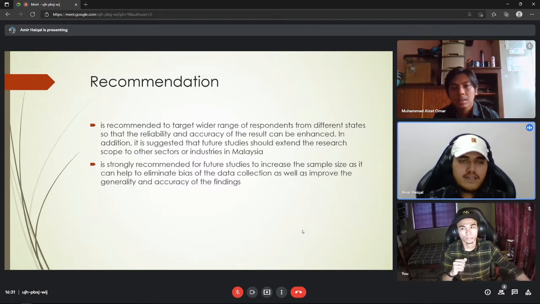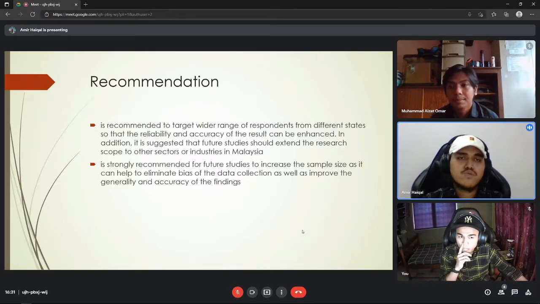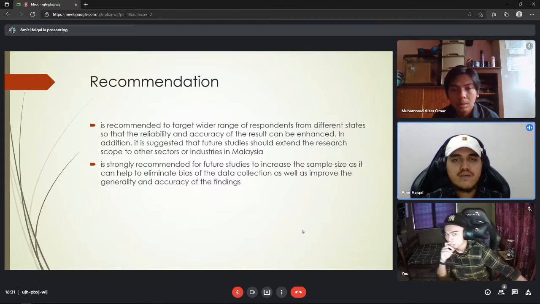The recommendations. The first point is to target a wider range of respondents from different states so that the reliability and accuracy of the result can be enhanced. In addition, it is suggested that future studies should extend the research scope to other sectors or industries in Malaysia.